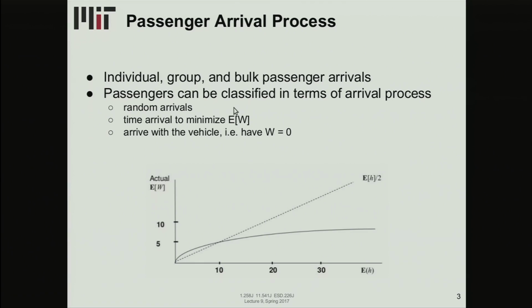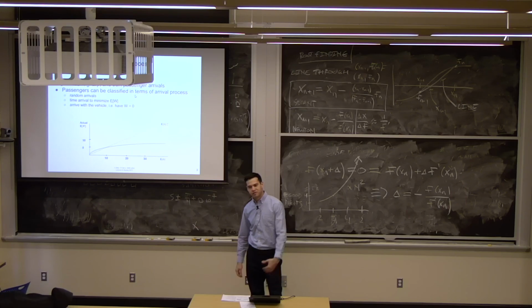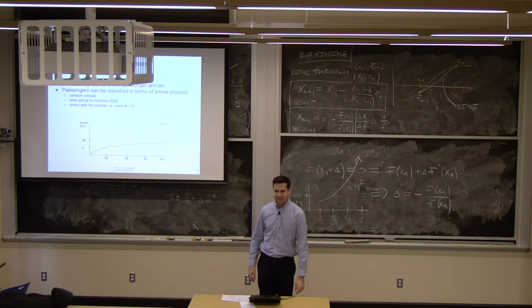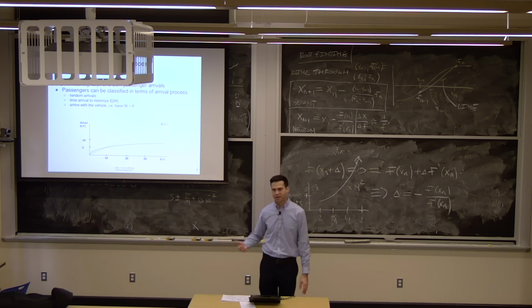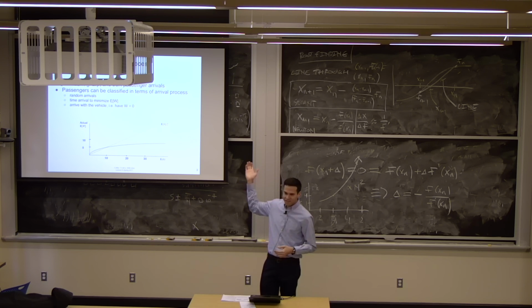So random arrivals is what we typically assume, certainly for high frequency service. And in some cases for all kinds of service, and that's more problematic, right? If you have a long headway service, people are gonna try to time their arrival at the stop to the schedule. But you'll see some models in the literature that, for simplicity, especially service planning models, might assume this anyway.